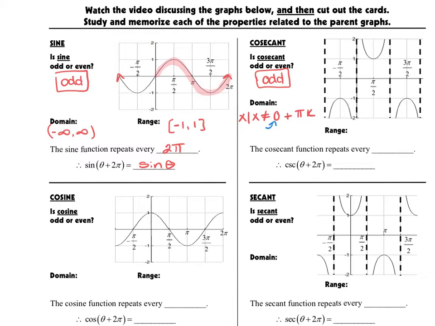Remember, the 0, as I just said, is an asymptote. There are many asymptotes here, an infinite number. I just picked the simplest one. And then the pi is going to be the distance between the asymptotes. We're just trying to get comfortable with this right now. We're going to do lots more practice later.